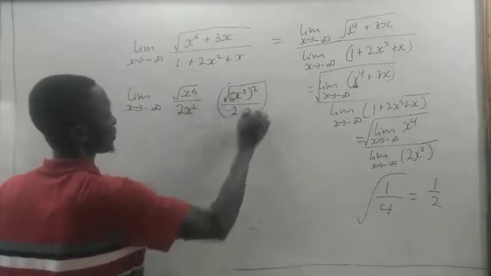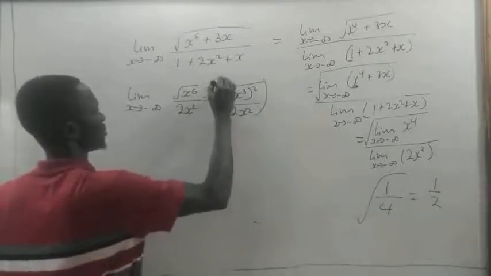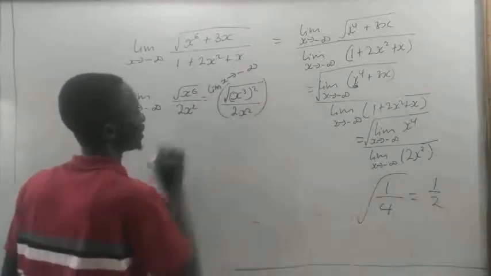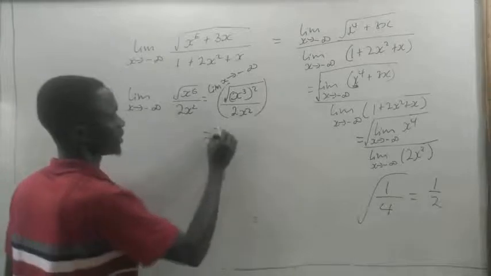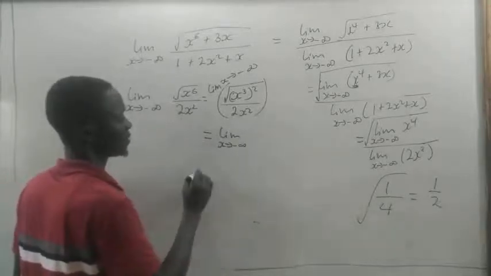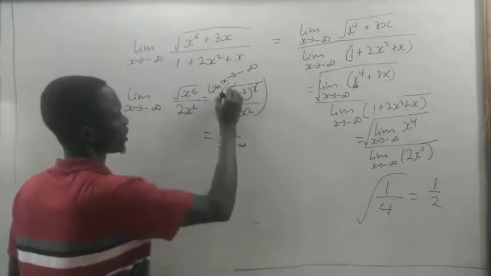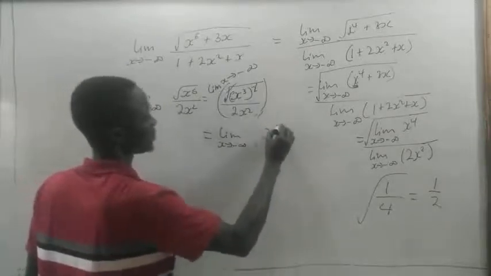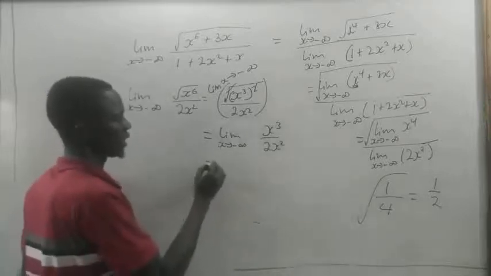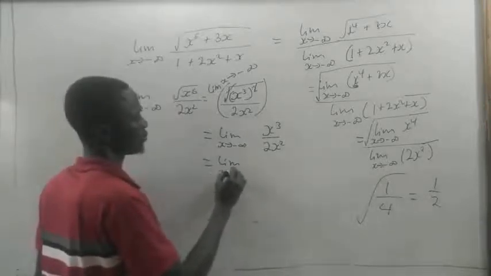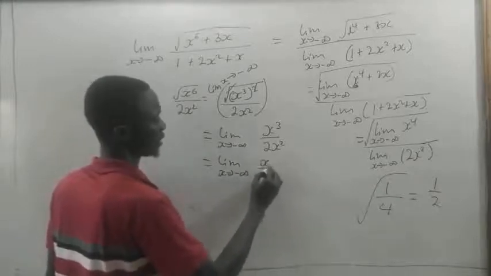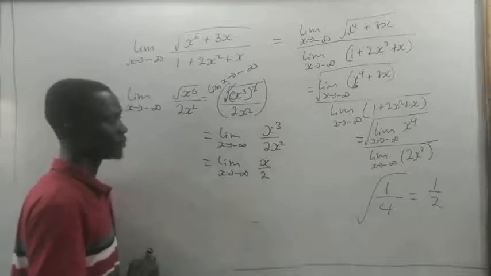So let's take the limit of this as x approaches negative infinity. This will cancel the square root. So we have x cubed divided by 2x squared. Wow. This will be the limit as x approaches negative infinity, x divided by 2.